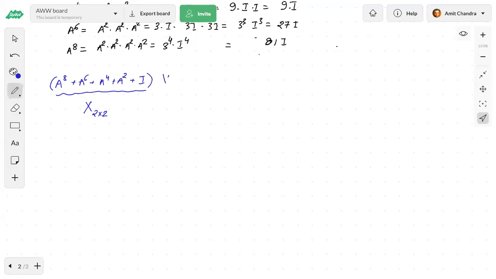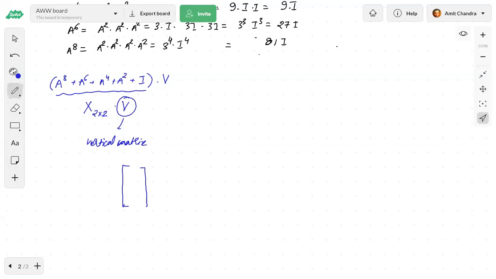Now this is multiplied with V. That means X, a 2 cross 2 matrix, is multiplied with V. Now V is a vertical matrix. Vertical matrix means that the number of rows should be greater than the number of columns, right?